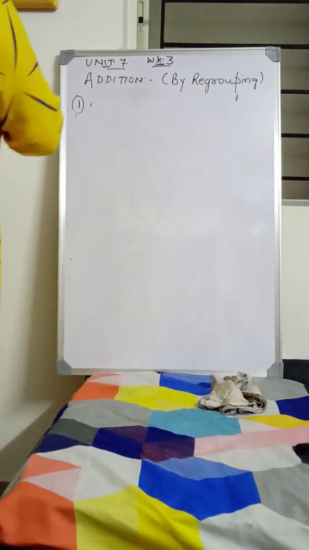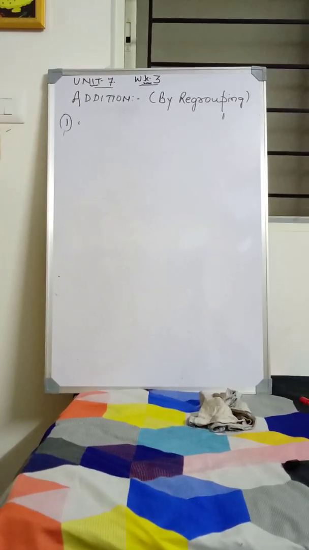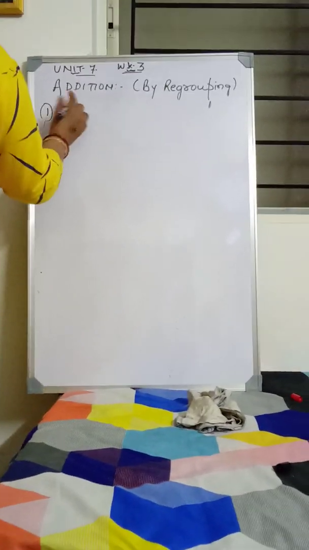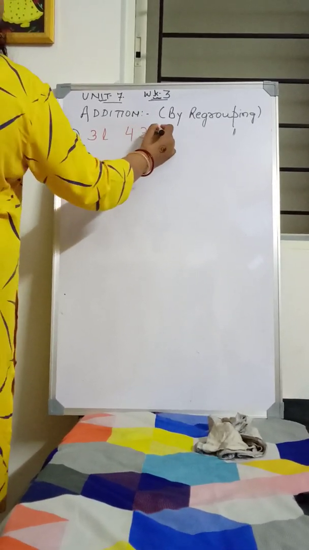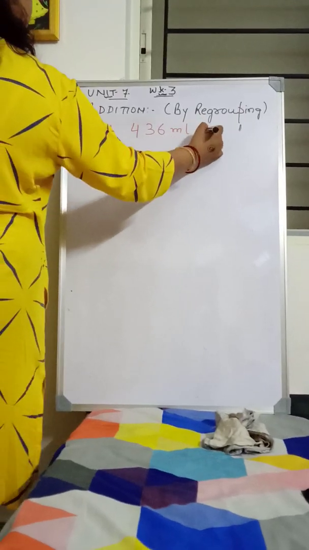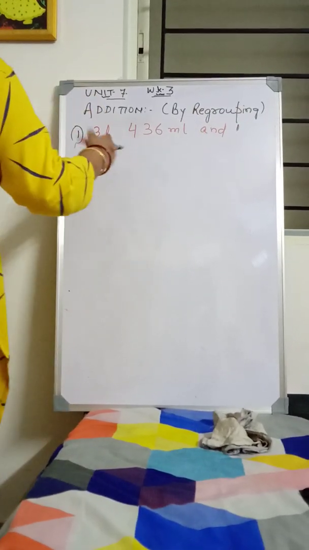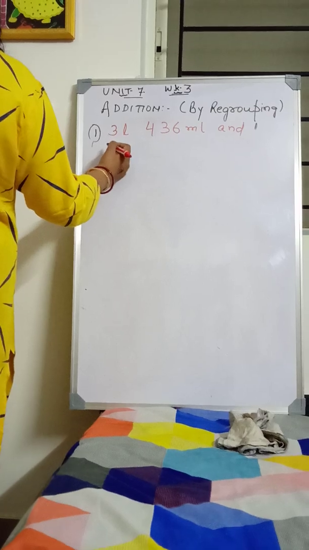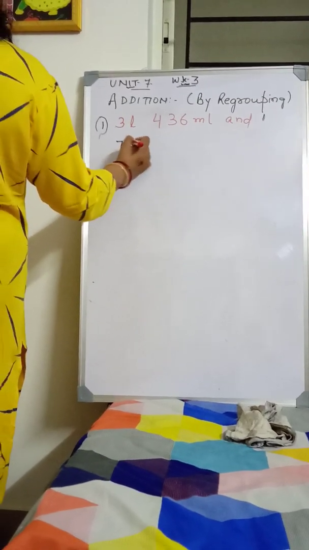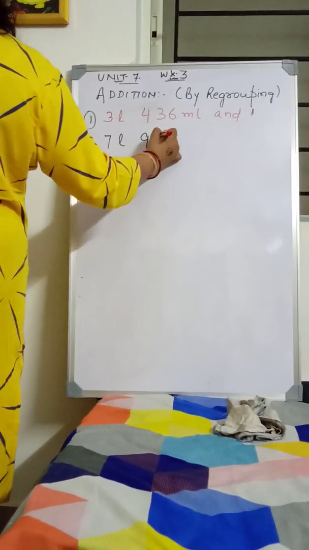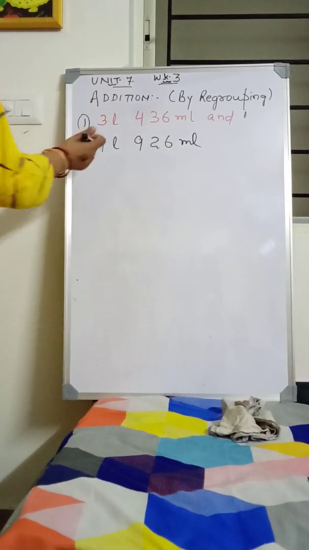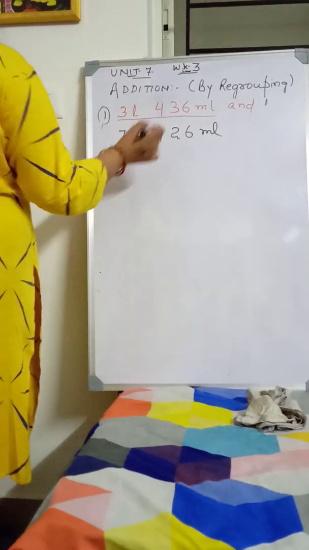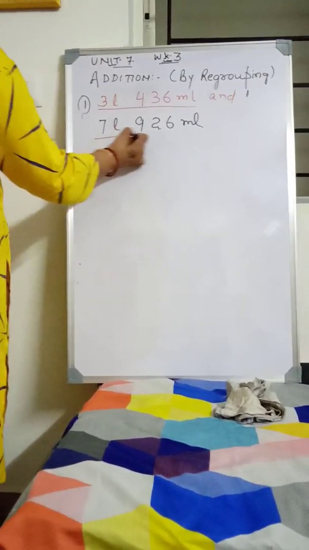Another question is, children, it is 3 liter 436 milliliter and 7 liter 926 milliliter. Right? So let us add. This is a unit, 3 liter 436 milliliter and 7 liter 926 milliliter.